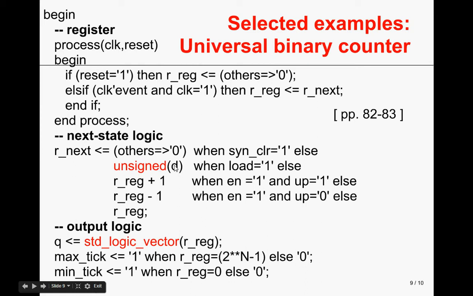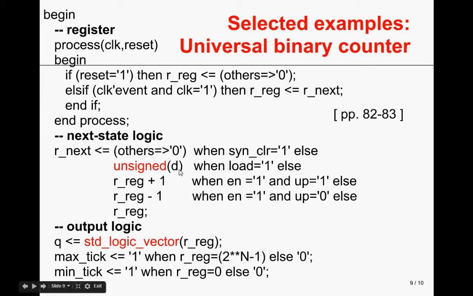However, the parallel inputs called D, these are the inputs to the counter, and so they will have been defined as standard logic vector data type. And now because we as a counter want to add or subtract 1, our r_next and our r_reg have to be defined as unsigned data types. And so we have the interesting example here that we need to carry out type conversion.